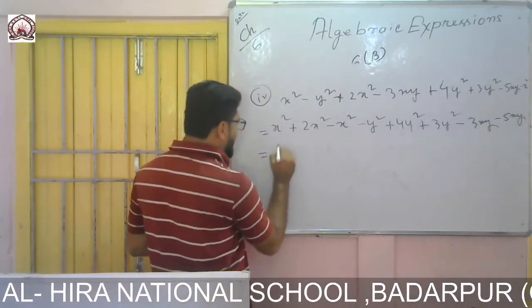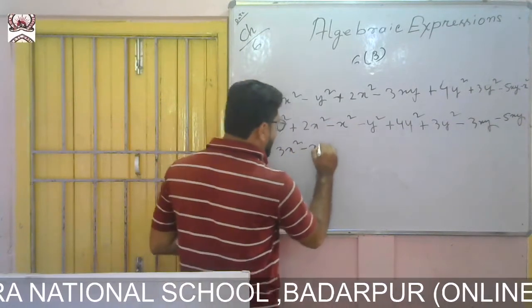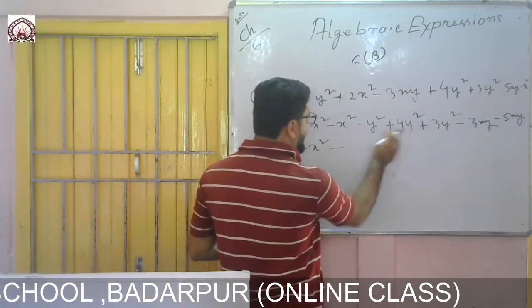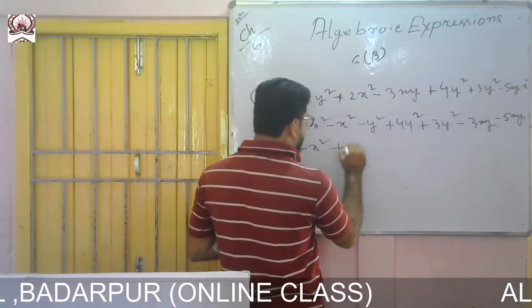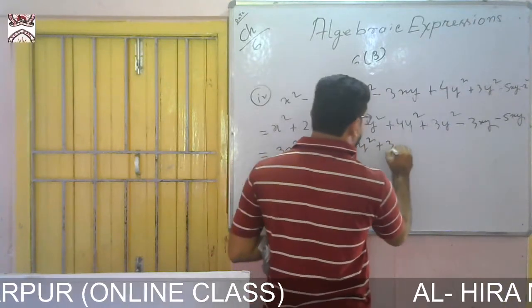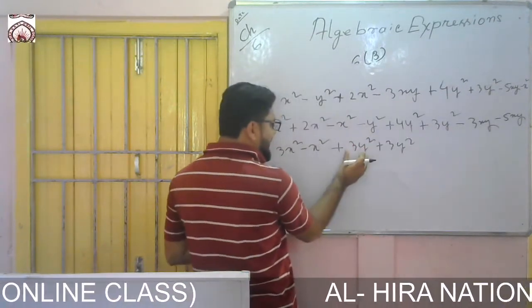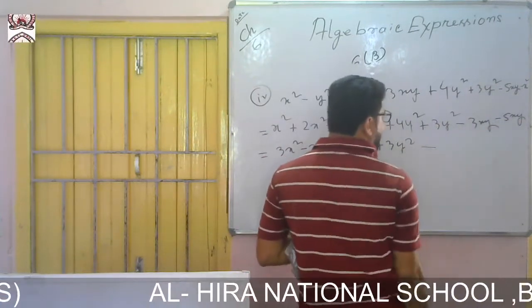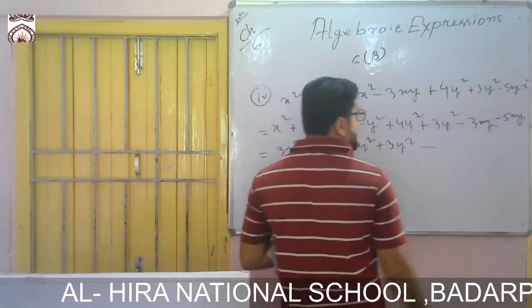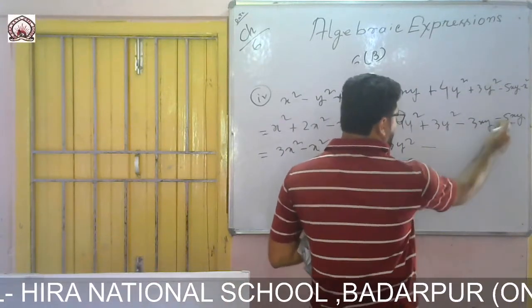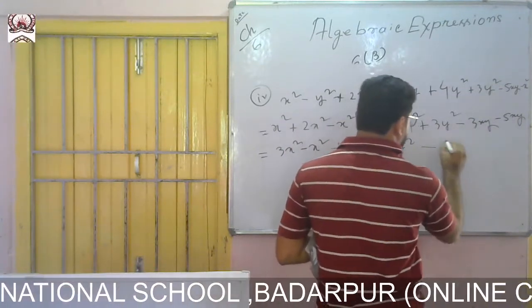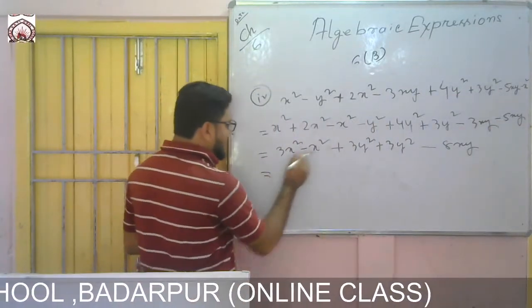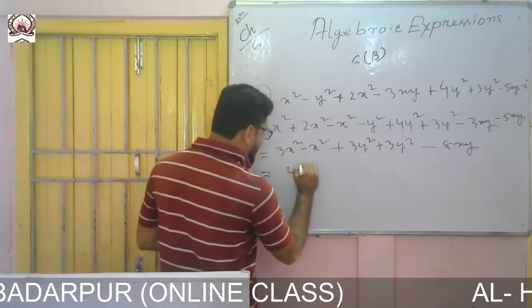Thrice x square minus x square, then minus y square plus 4y square plus 3y square. Minus y square plus 4y square is 3y square, again this 3y square. Then minus 3xy minus 5xy, 5 plus 3, 8xy, and the bigger sign is minus. Now thrice x square minus x square, it is twice x square.